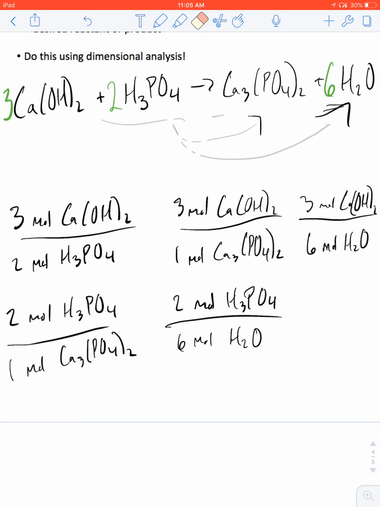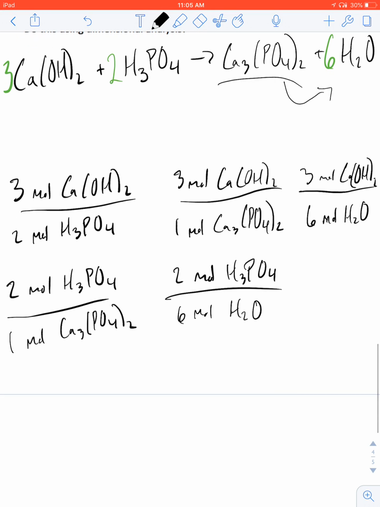And now for the last mole ratio, looking at calcium phosphate, making a relationship with water, we know that there's 1 mole of calcium phosphate, and the coefficient is 6 moles of H2O. And now we are done with our mole ratios.